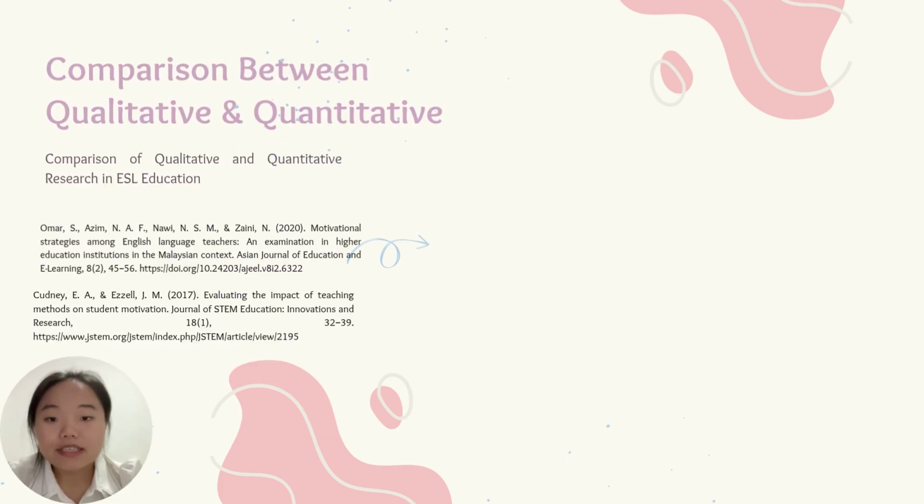The comparison of the two studies covers five main research design dimensions: research objectives, data collection, data analysis, and also sampling, and last but not least, the findings. So, firstly, the research objectives. Omer aimed to explore the teachers' personal beliefs and classroom practices.